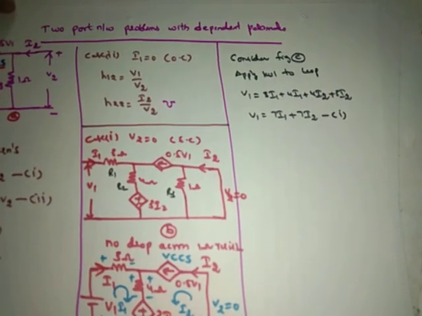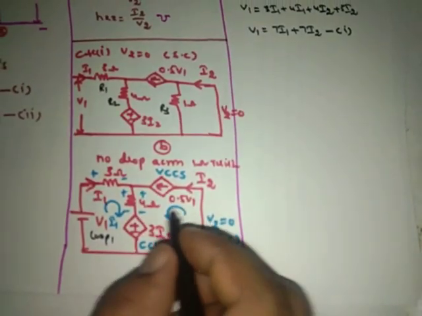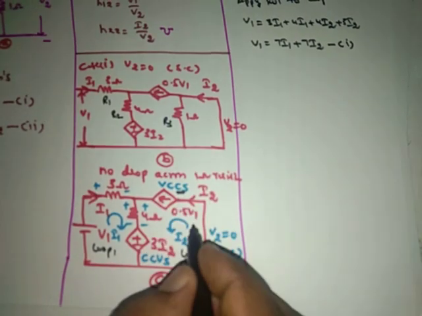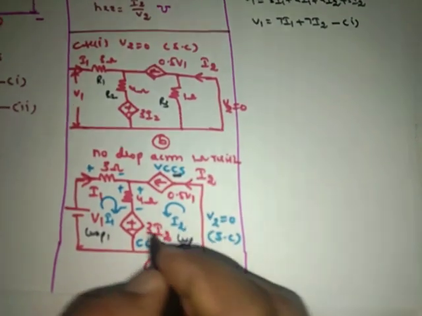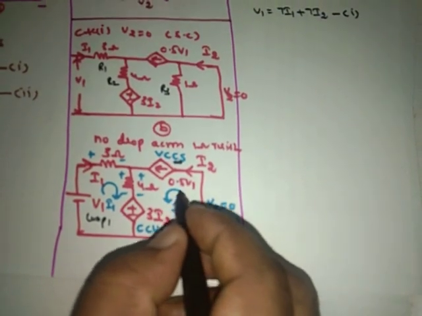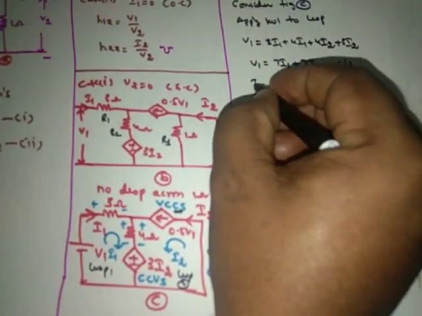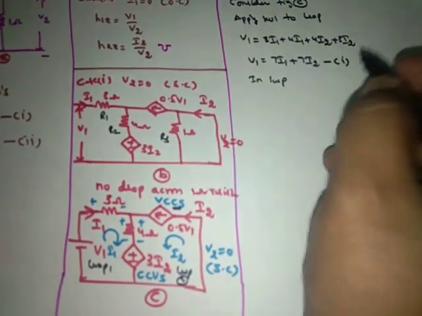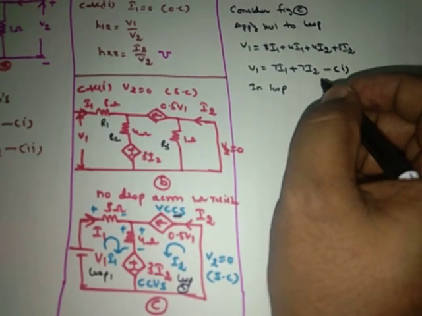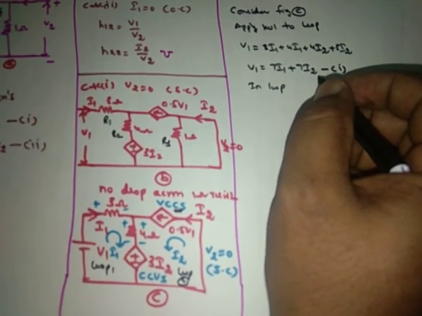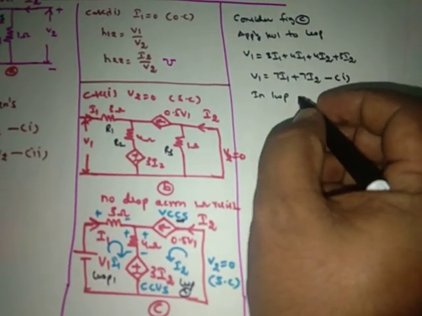Similarly, in loop 2, observe here. In loop 2 it is a current source, so in the entire loop only a single current flows.